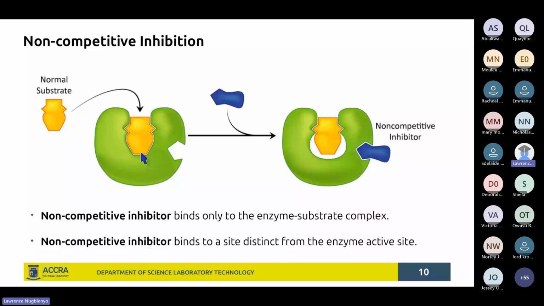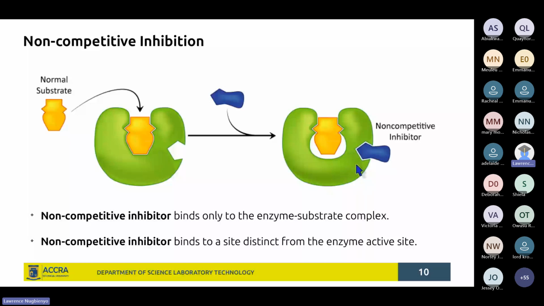And so you see that even though you have the substrate binding into the active site of the enzyme, once you have the inhibitor binding to that allosteric site of the enzyme, it prevents the reaction from proceeding.